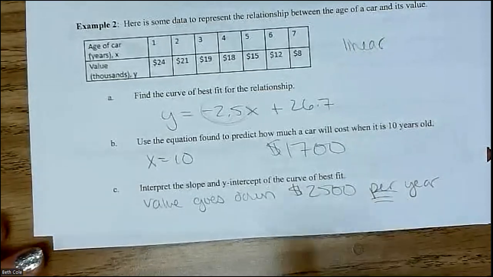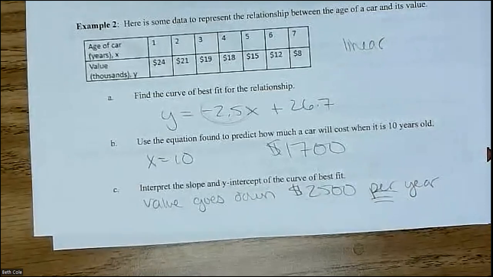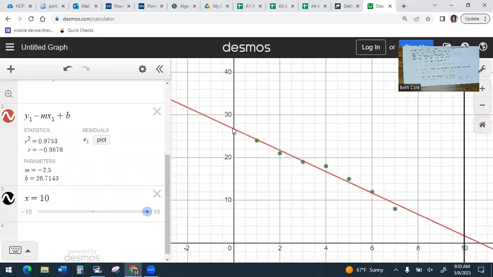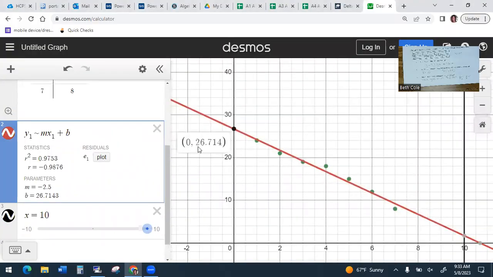Okay. Now this one, I also have you interpreting the y-intercept. So let me go back to the graph. Just look at, where was our y-intercept? Right here. Look, I'm going to click on it. (0, 26.7). What does that 26.7 mean? It means that at 0 years, it cost that much when it was brand new.